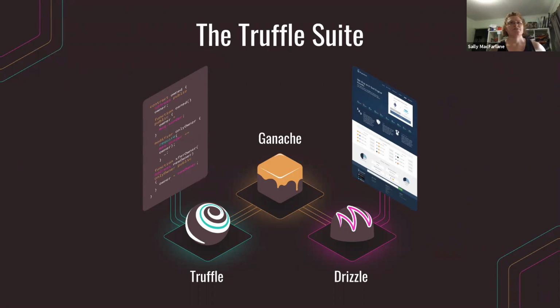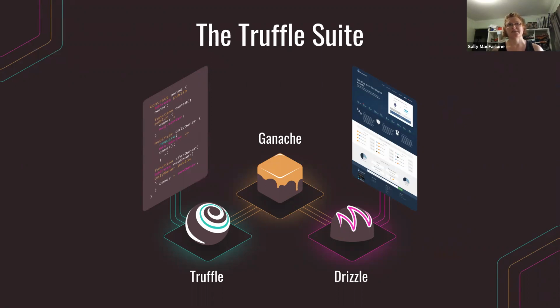So Truffle, if you don't already know what it is, there are 3 products that all work together. Truffle is the main one, and it manages your project lifecycle, so you can use it to compile, deploy and test your Solidity smart contracts.